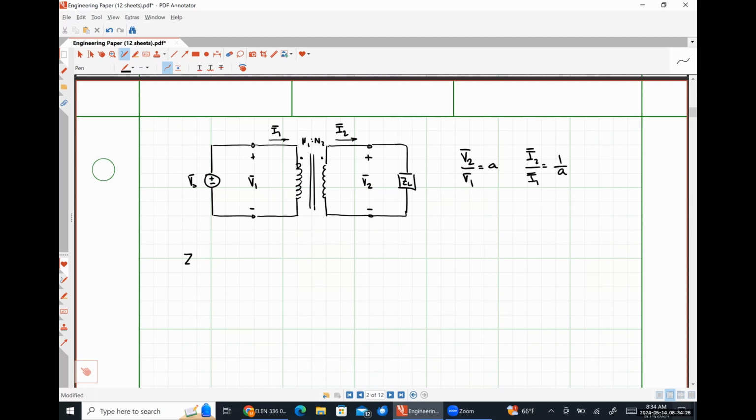My impedance ZL is by definition the ratio of whatever my voltage V2 is divided by whatever my current I2 is.